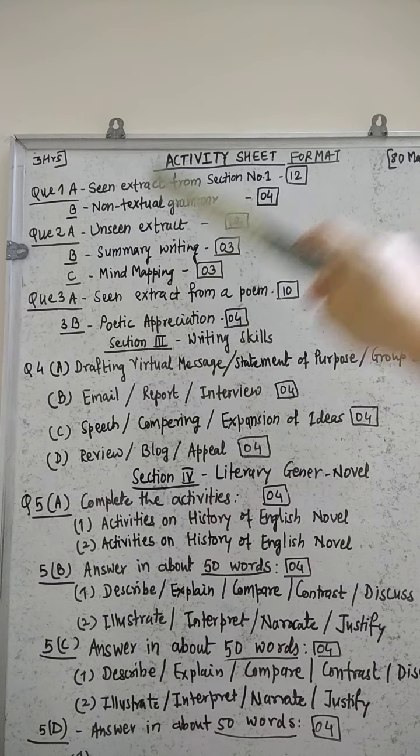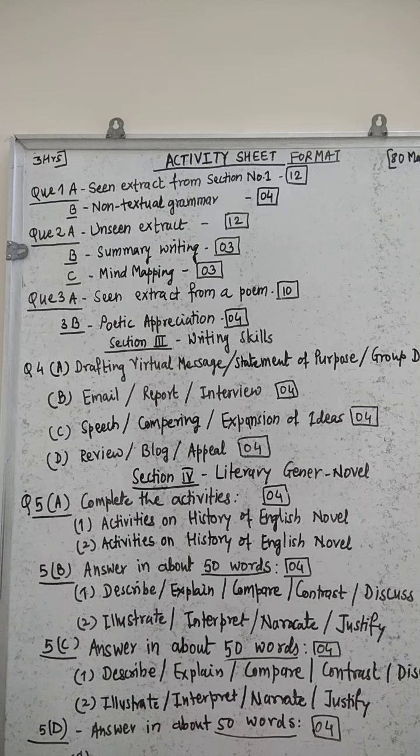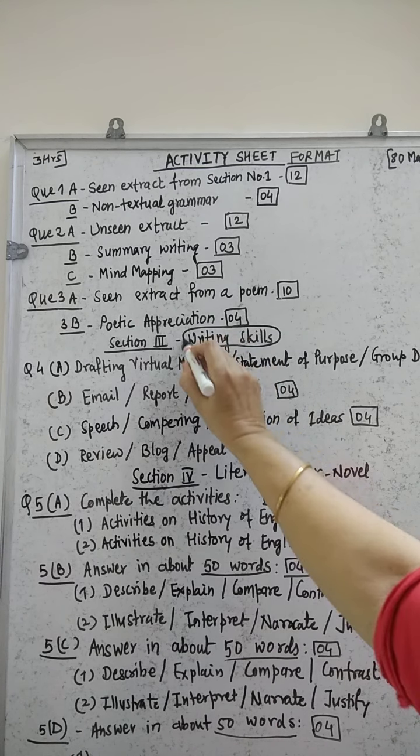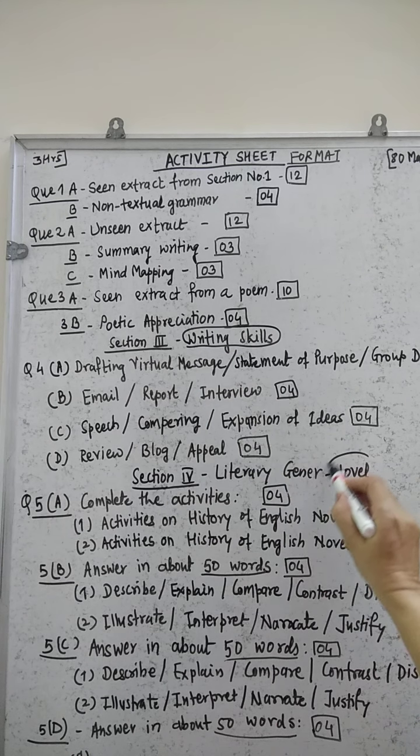Now this is just a sketch of the activity sheet. If we go into the detail, just be very careful when we will be attempting the writing skill section and also the novel section.